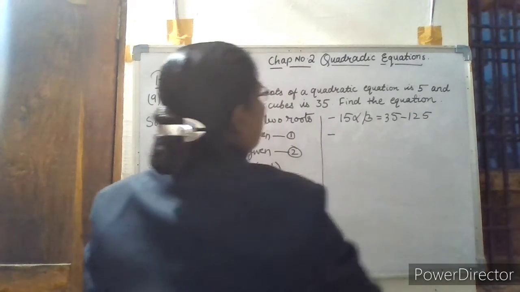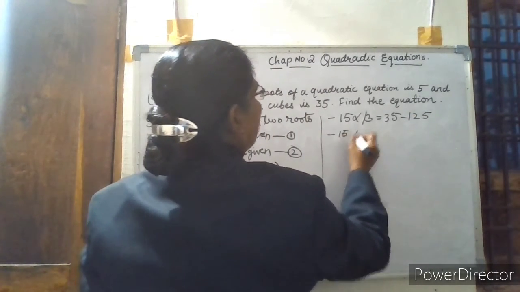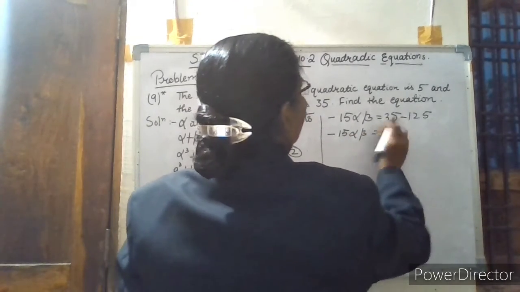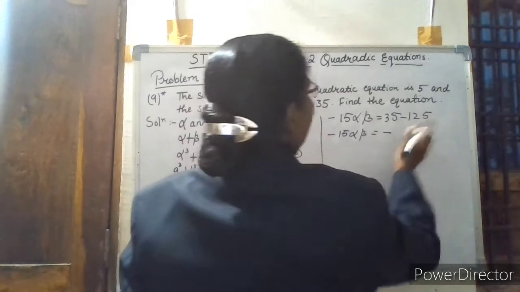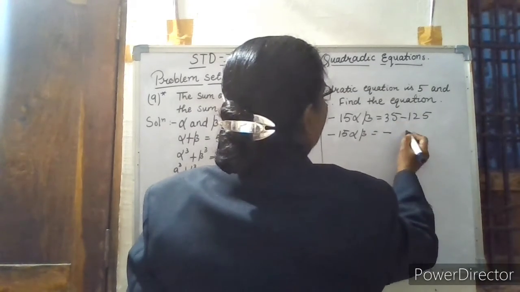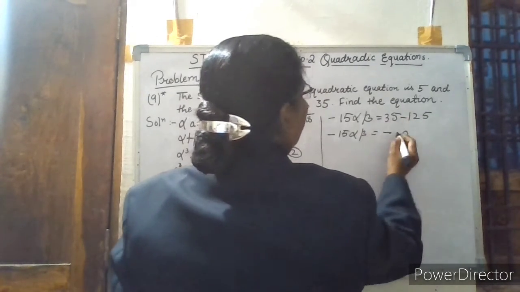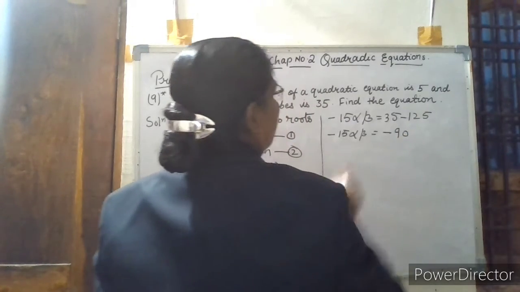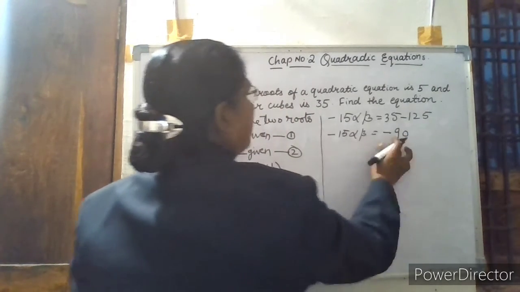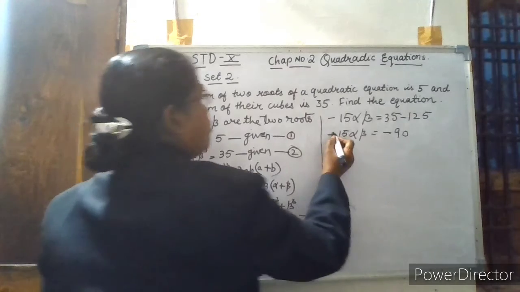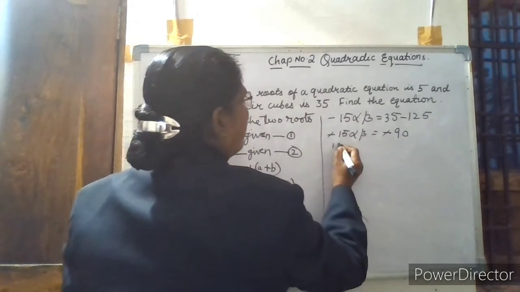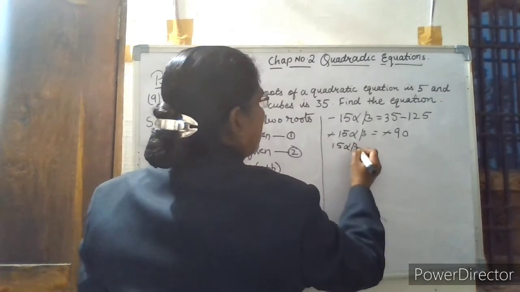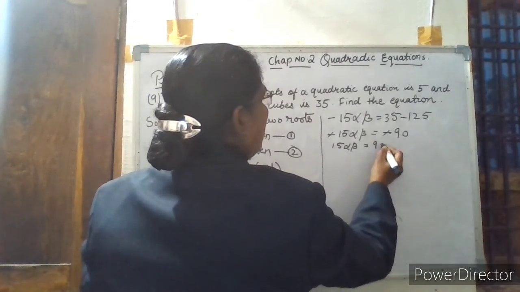If I subtract this, I will get the sign of the greater number. 125 minus 35 is 90. Both sides we have got negative, so we can cancel the sign. 15 alpha beta is equal to 90.